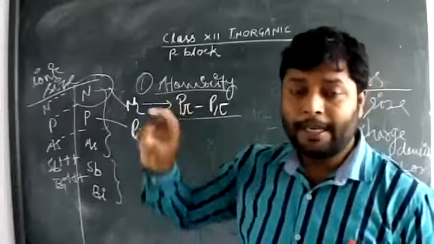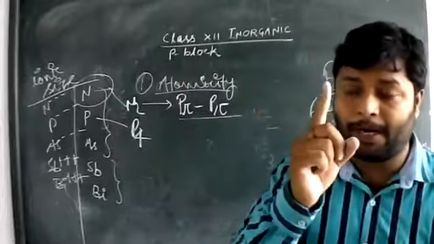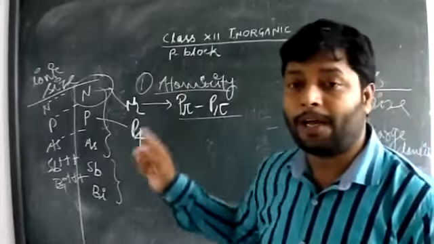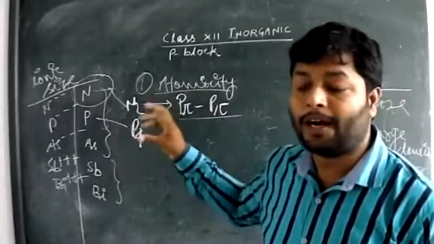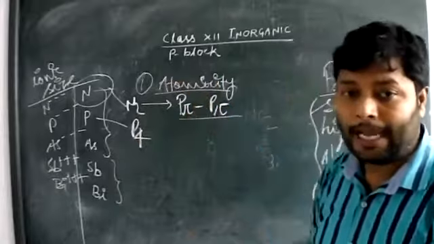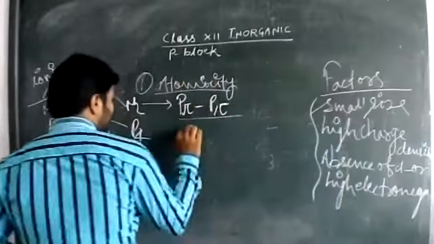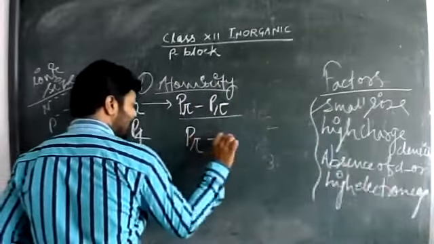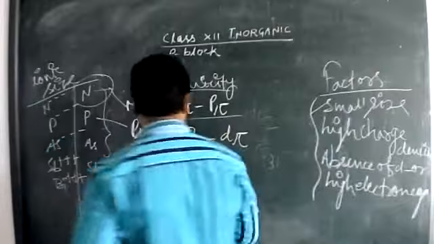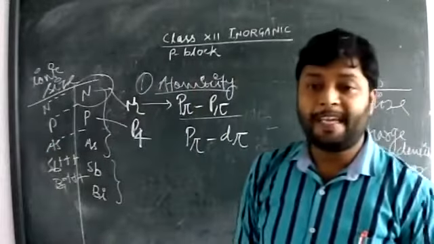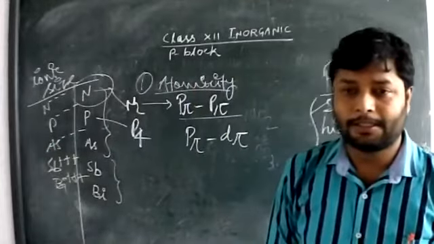Other thing is, if phosphorus forms a multiple bond, it will involve p orbitals and is called p-pi.